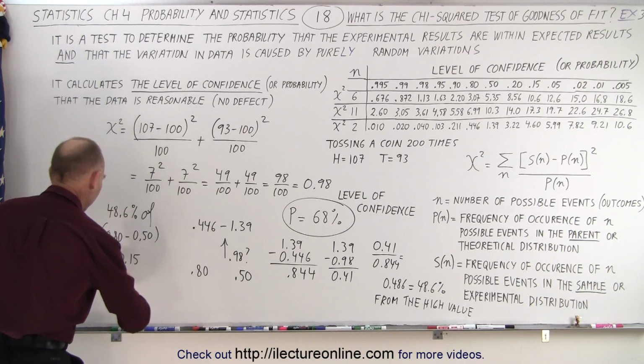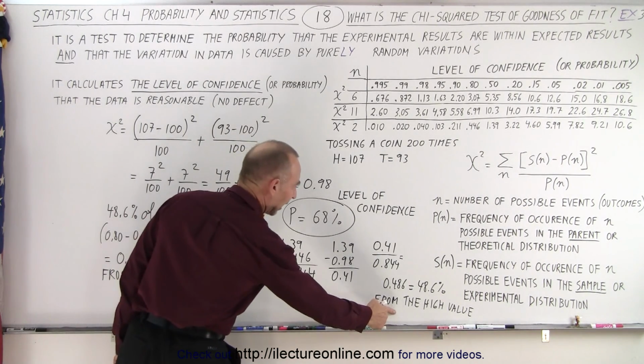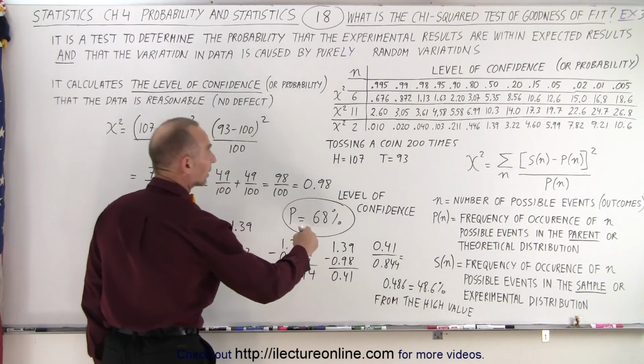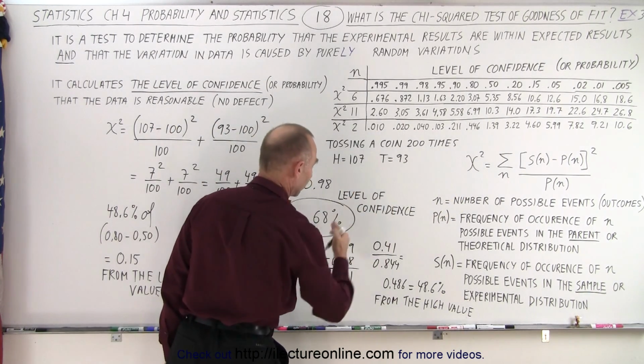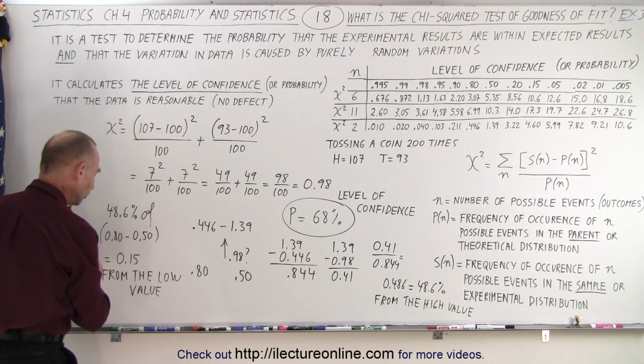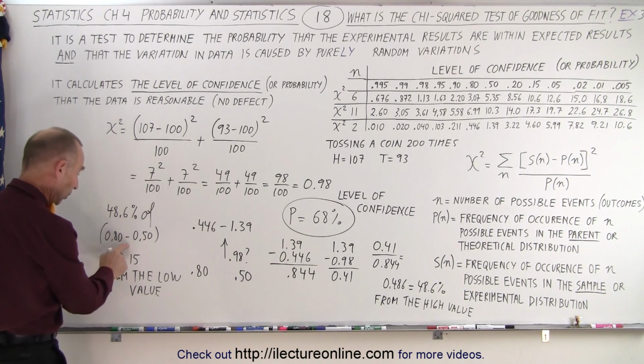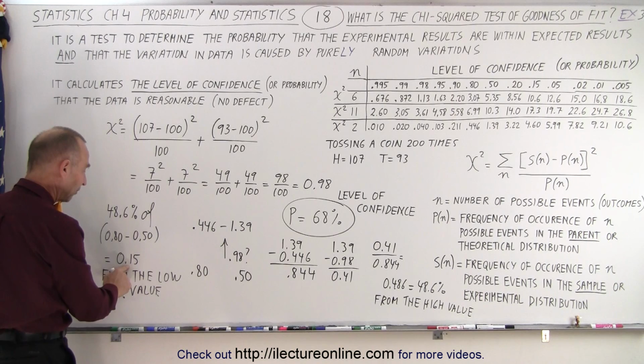Notice that here we calculated the difference from the high value down to 0.98, and here we calculated the difference from the low value to the number we're looking for. So we know we're going to be 0.15 away.